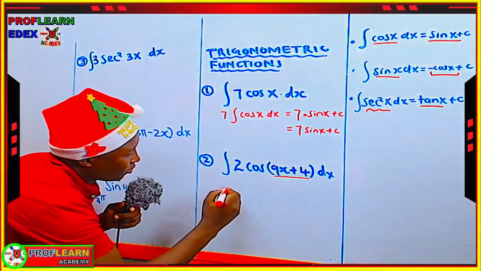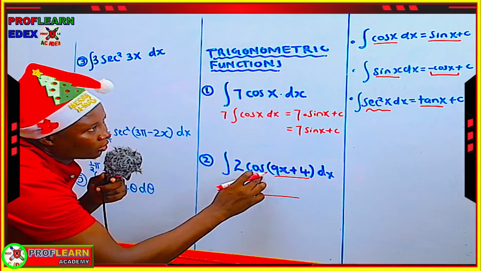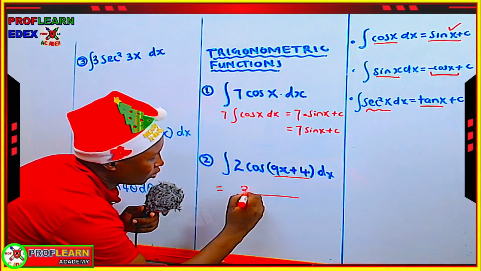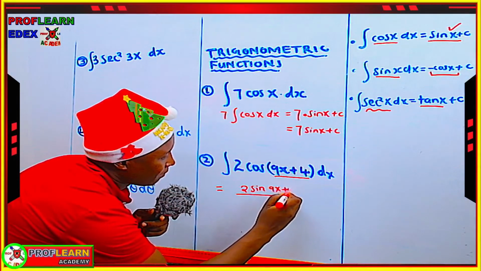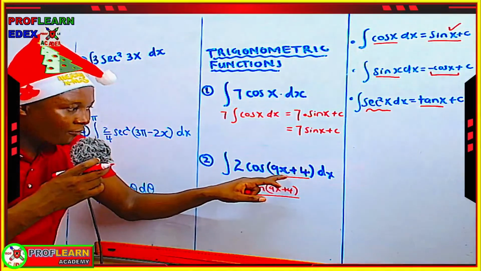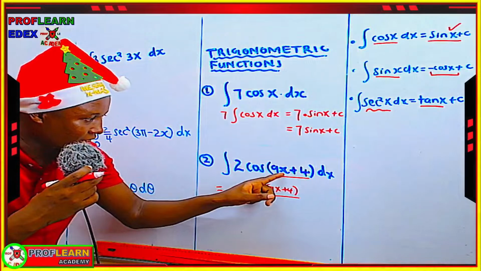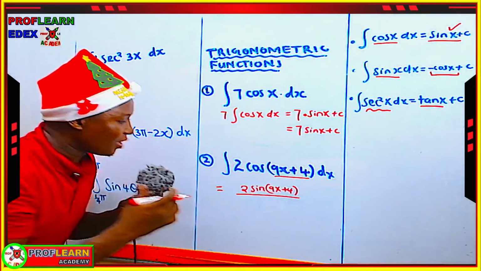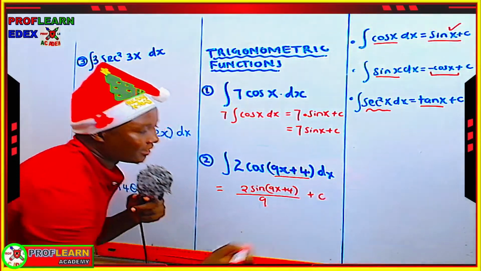So this is going to be equal to 2 sine 9x plus 4. Then once you have written that, you are going to differentiate what is inside the bracket. Differentiating 9x plus 4 is going to give you 9. Then you are going to divide by that. Then you say plus c.